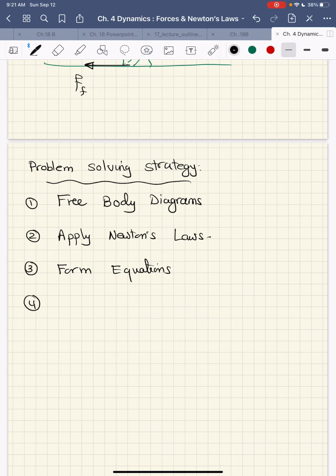You're going to solve them and calculate your unknown. Okay, simply these are my steps, and I will show you.